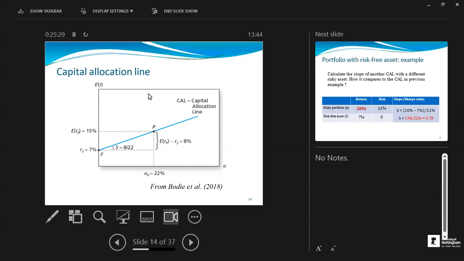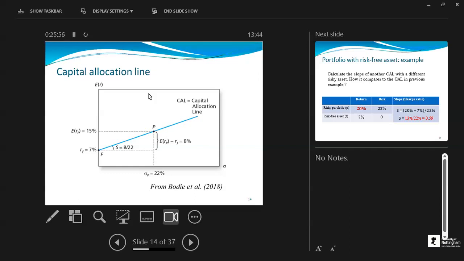And if you look at this gap, this difference between the return on the risky portfolio and that of the risk-free asset, which we call the excess market return, and we divide it by the risk of this risky portfolio, which in our example is 22%, that's what we call the Sharpe ratio. So what do you want here?